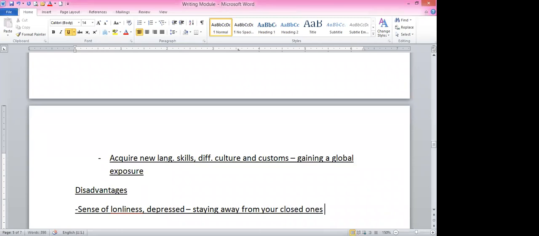A sense of loneliness, language barriers maybe. Language barrier. But you're saying you're acquiring new language skills. This is contradictory to what you have written.